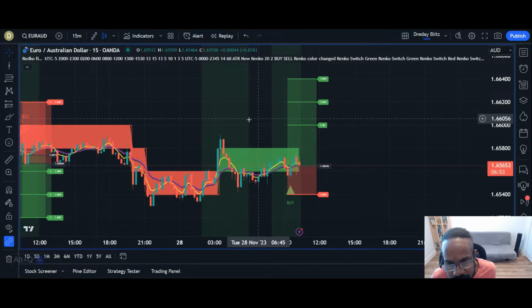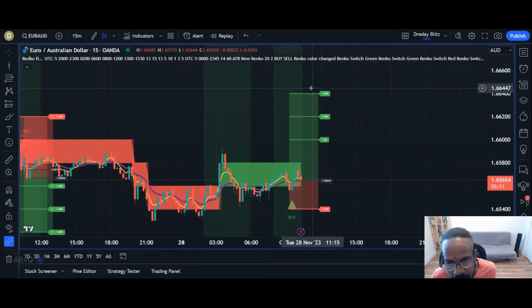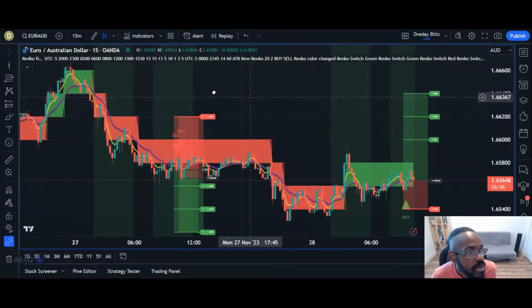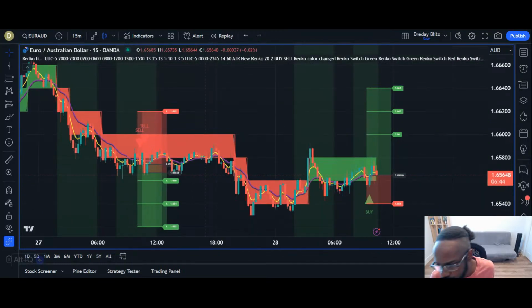That was the entry price, and that would be your first TP, second and third one. So Euro Aussie looking good.